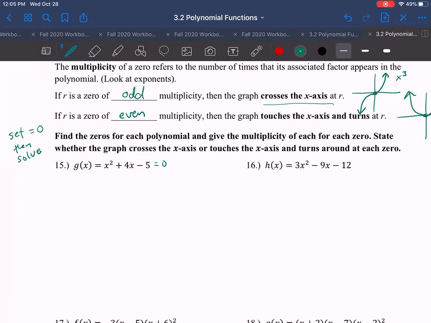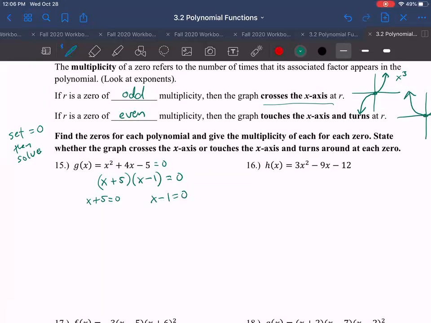I'm going to set that equal to 0, and then I'm going to say, all right, this can be factored. I can factor it to x times x plus 5 times x minus 1, because negative 1 times 5 is negative 5, and negative 1 plus 5 is 4. It factors nicely right there. So x plus 5 has to equal 0, or x minus 1 has to equal 0.